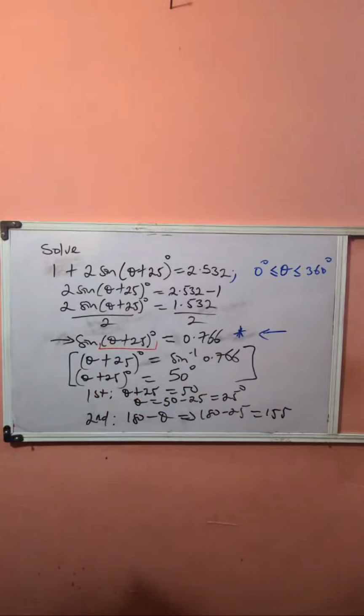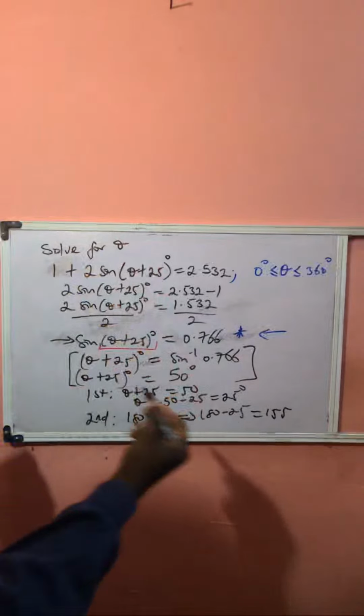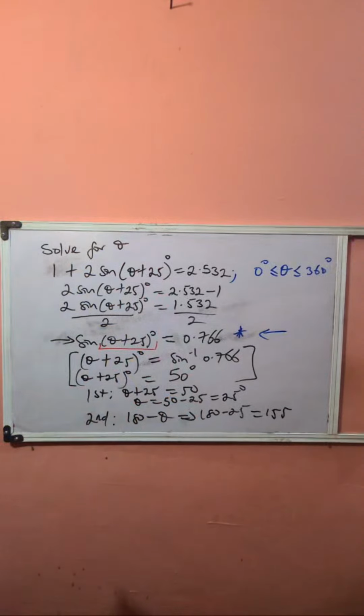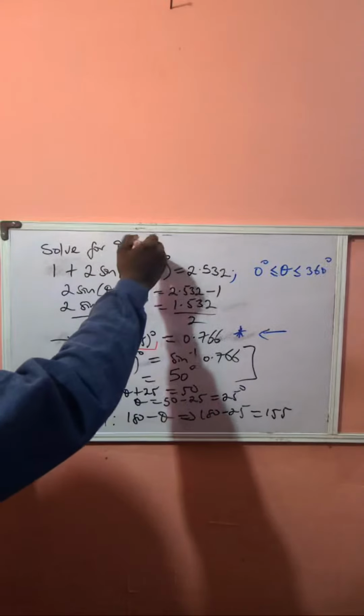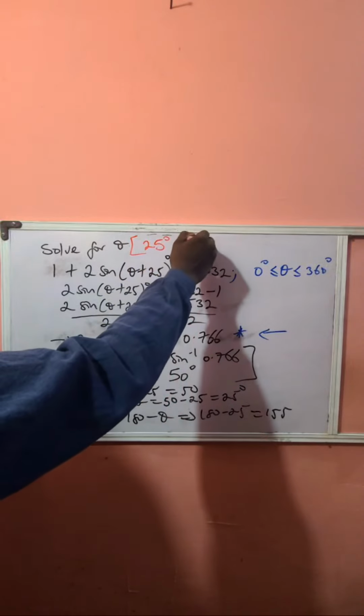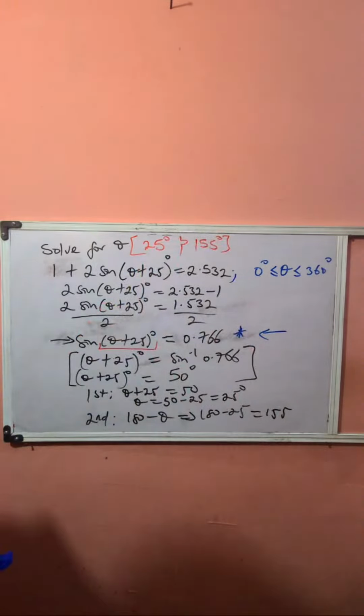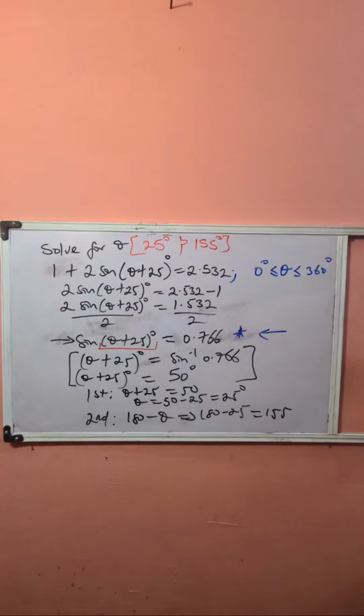So to solve for theta, because you're supposed to solve for theta, we have gotten our theta to be both 25 degrees and 155 degrees. So our value gave us 25 degrees and 155 degrees.